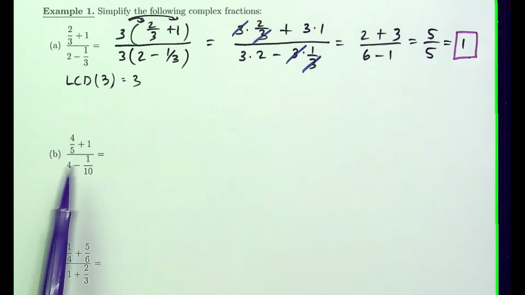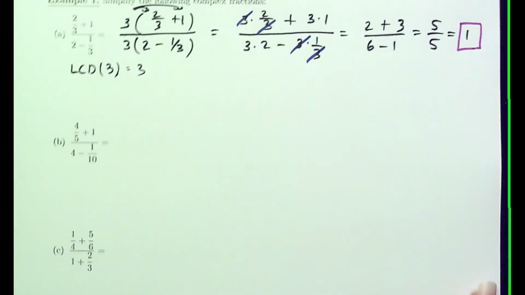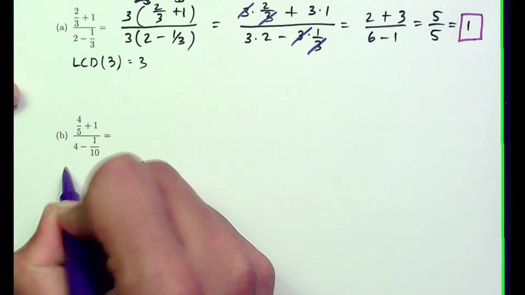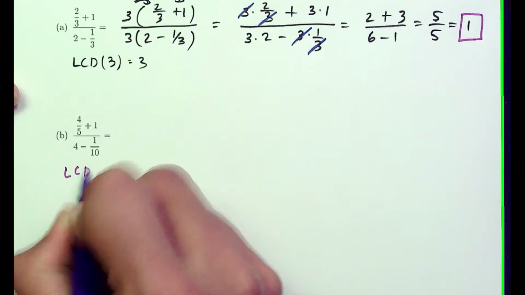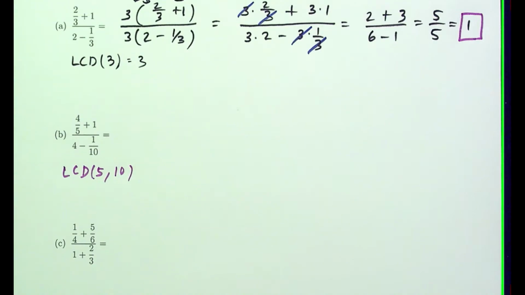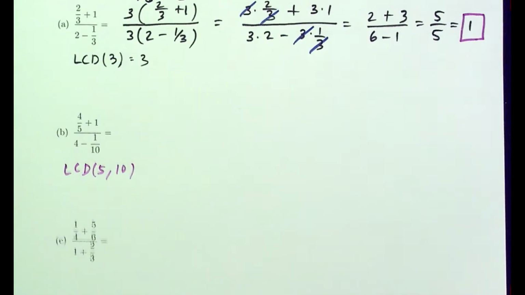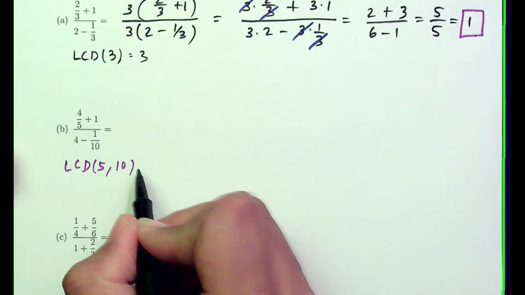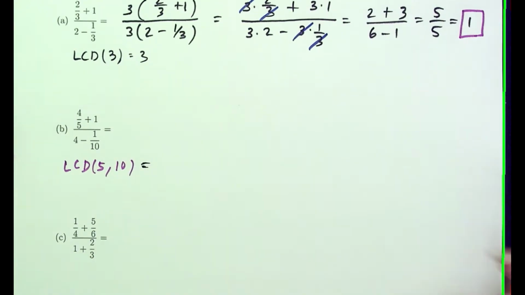Okay, so this one says 4 over 5 plus 1, all that over 4 minus 1/10. Okay, so here we have two different types of the denominators. Here I have a 5 and a 10. 5 and 10 appear in the denominators. So what is the LCD of 5 and 10, the least common denominator, or the least common multiple technically?